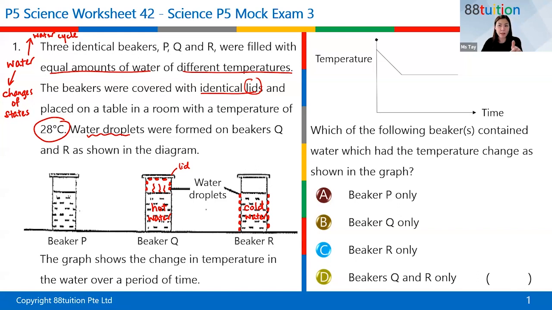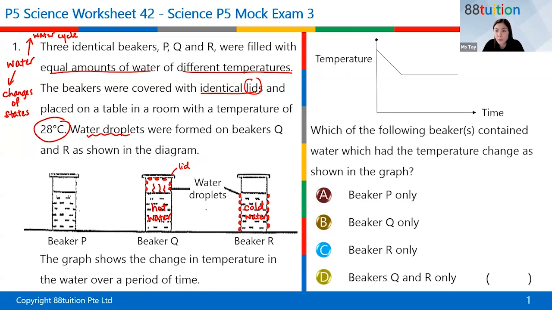Don't say hot water rises. Hot water cannot rise. It's the water vapor that rises. No worries, you are almost there. You just need to include some words, which came into contact with the cold surface of beaker Q. Be very specific, it's the lid. If you can write down lid, it will be very good. Don't just say condensation takes place. You must say that the hot water vapor loses heat and condensation takes place.